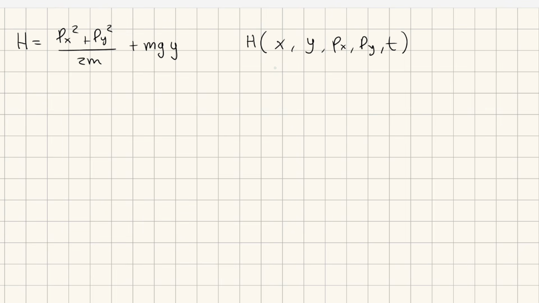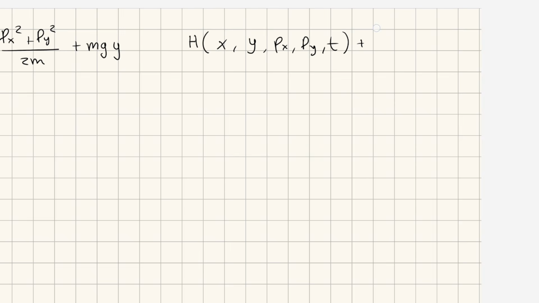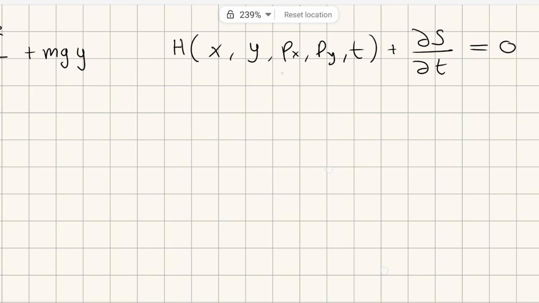We have generalized coordinates for position and coordinates for the momentum that correspond to those generalized coordinates of position. And then we add the partial derivative of S with respect to time, and this needs to be equal to 0.